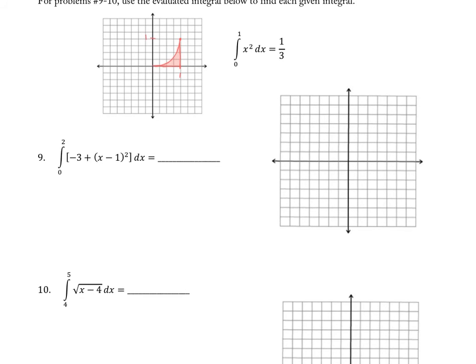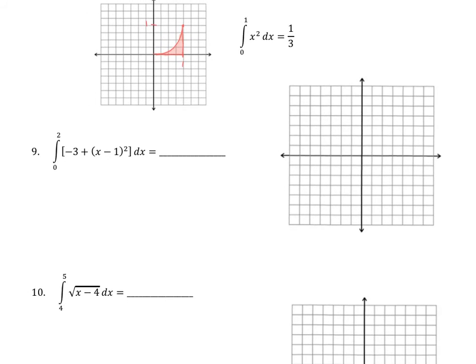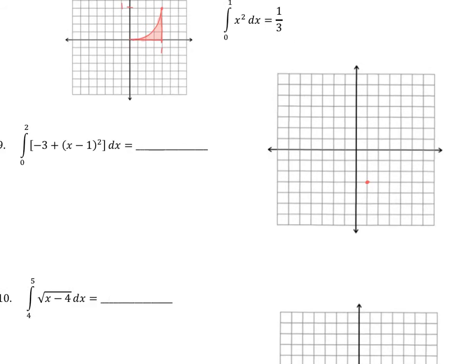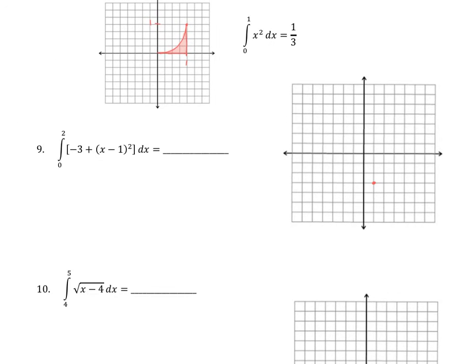Okay, so let's graph this next one. So this is a parabola also. The vertex is shifted right 1, or everything shifted right 1, and down 3. Okay, so 1 comma negative 3. It's that. And we want the area from 0 to 2 of that.